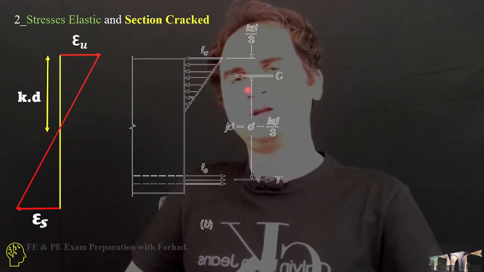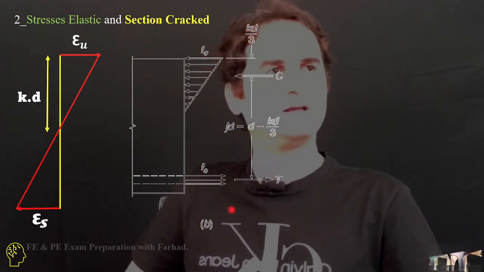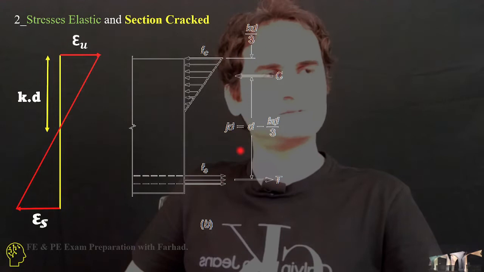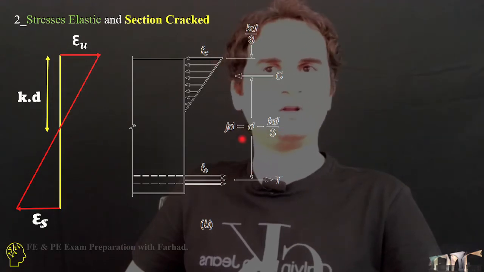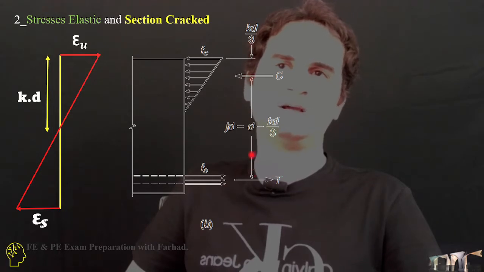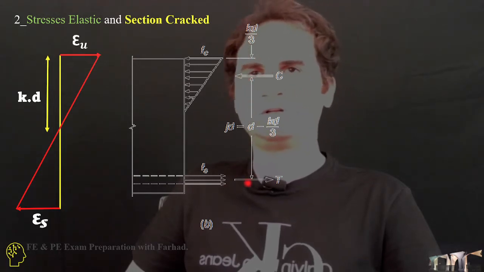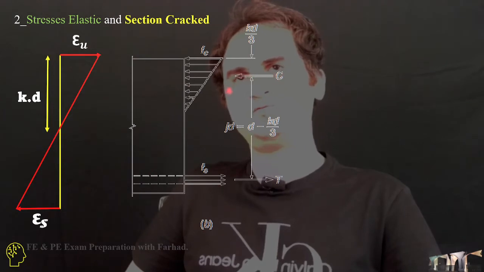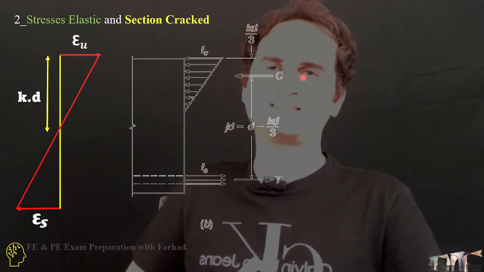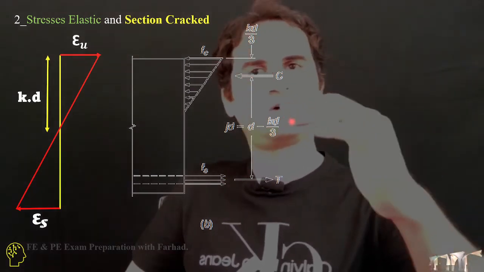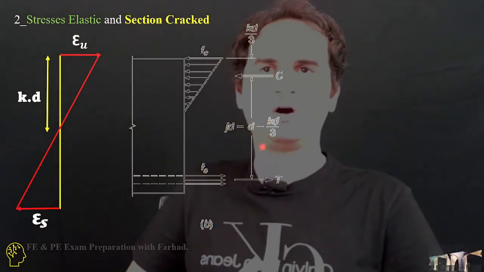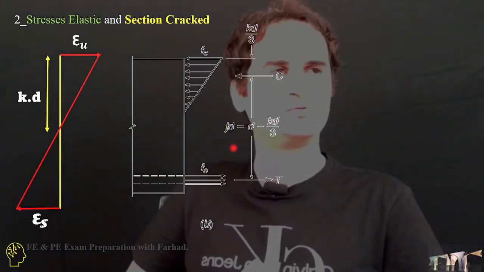The other part is j times the effective depth: the total effective depth minus one third of kd. This is the distance between the two forces of the couple, the compressive side and the tensile side, equal to jd.